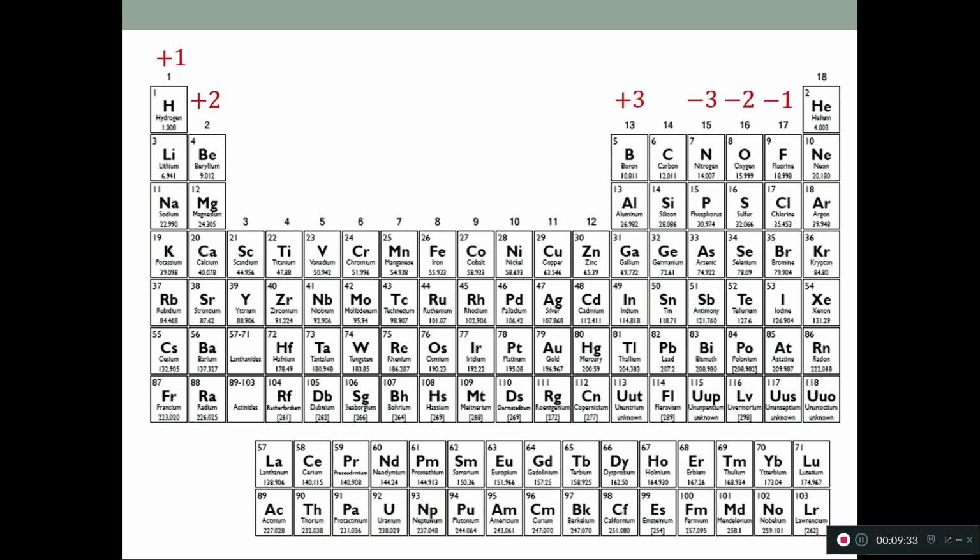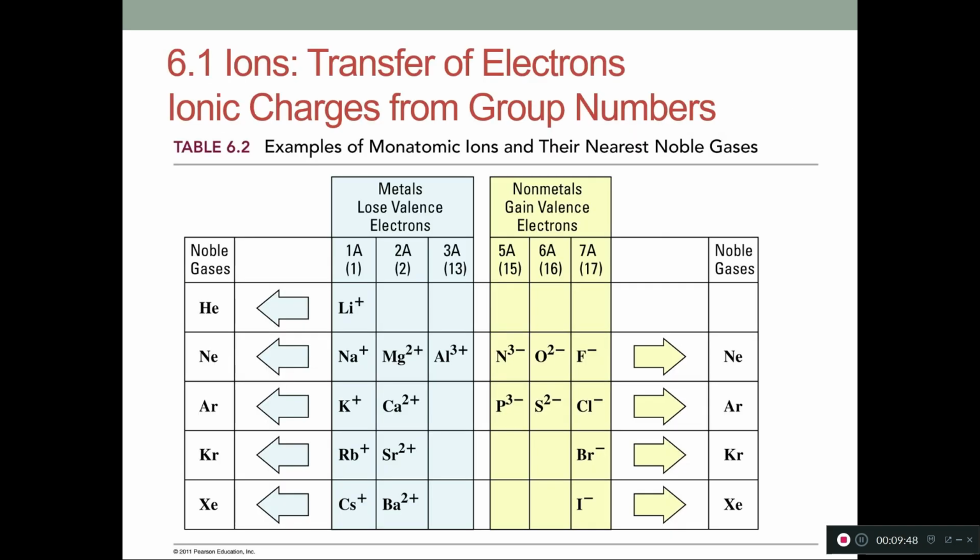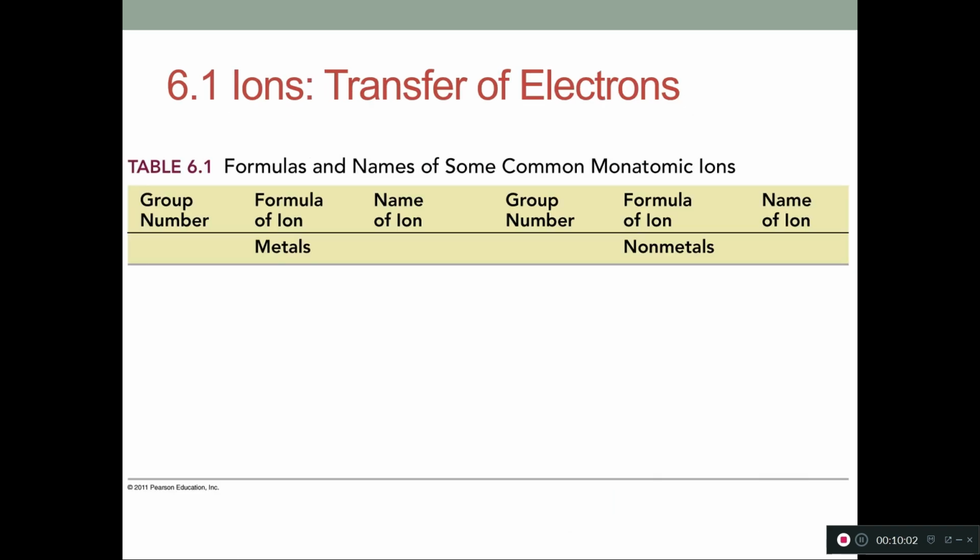So this is kind of a good thing to label on your periodic table when you're just learning this, because it tells you what charge these elements will have based on what column they're in on our periodic table. So again, this is just because we're going to gain or lose electrons to try and look like the nearest noble gas. And so what this ends up looking like is with our group 1 elements, like I said, we're going to try and gain a +1 charge.